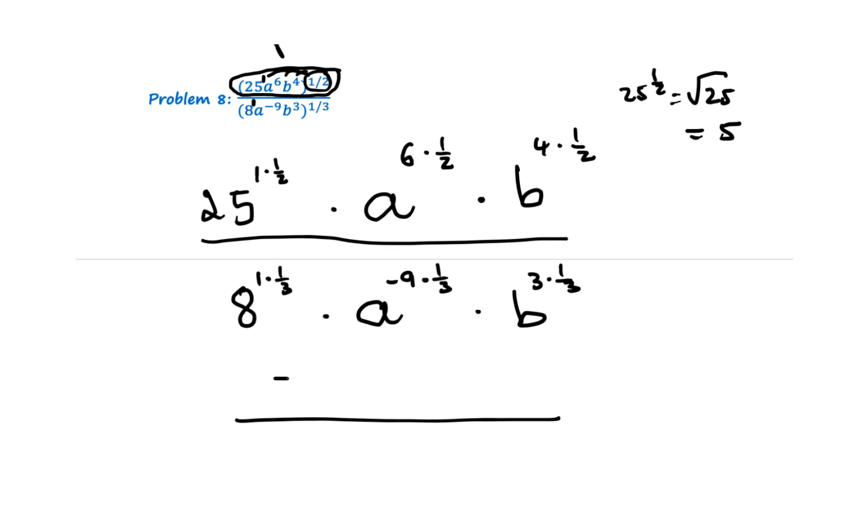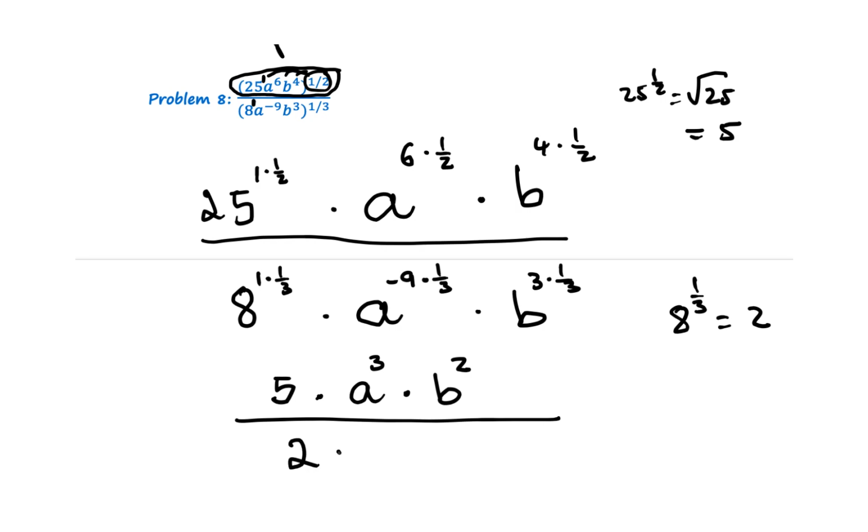So I have 5 here. Then 6 times 1/2, half of 6, that's 3. Half of 4, that's 2. And 8 to the power of 1 times 1/3, that's 8 to the power of 1/3, which is 2.